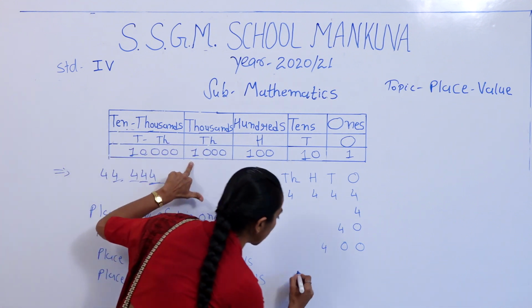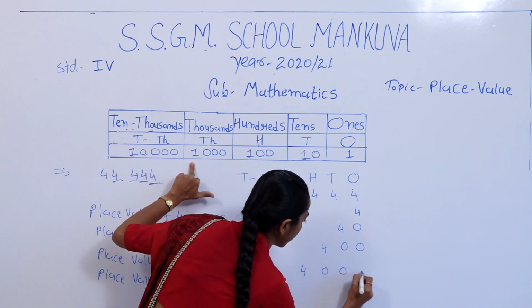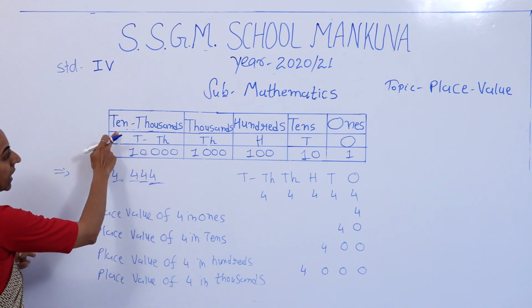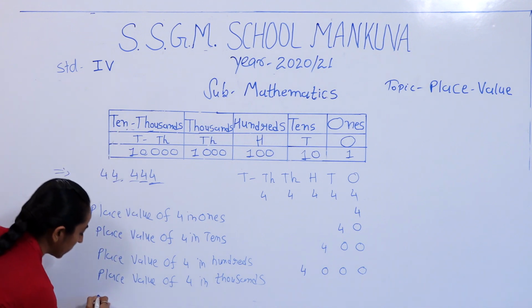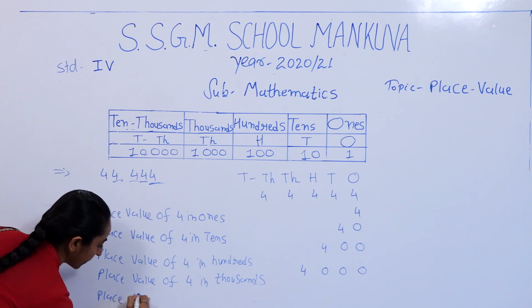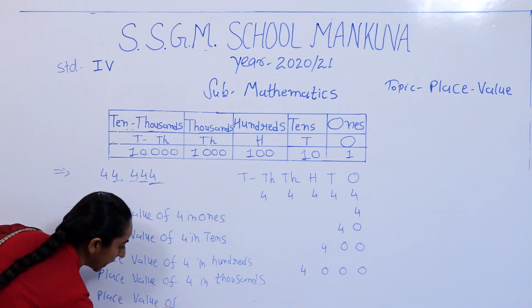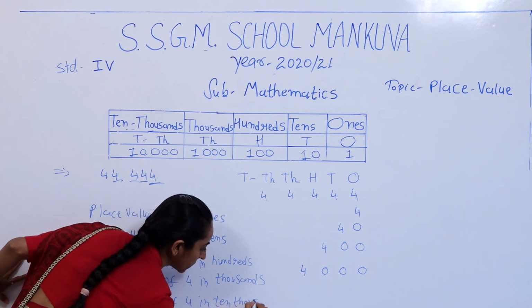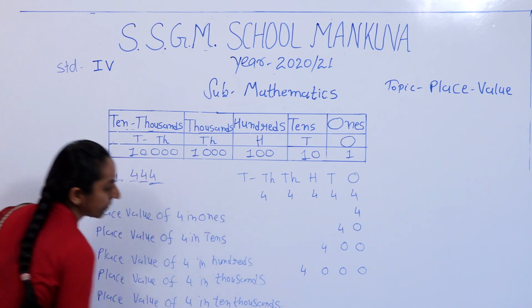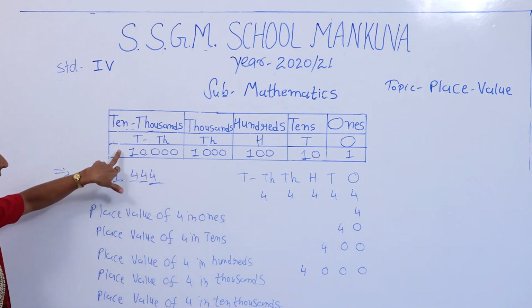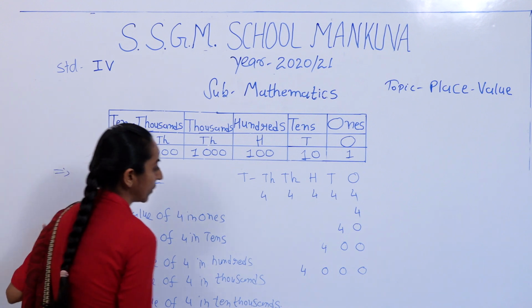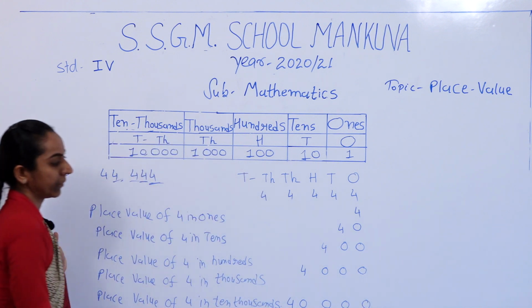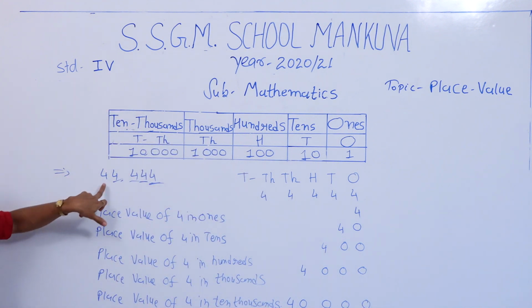Answer is 4000. And this last 4 is in the 10,000 place. Place value of 4 in 10,000 place is 4 into 10,000, the answer is 40,000. This is the place value of 44,444.